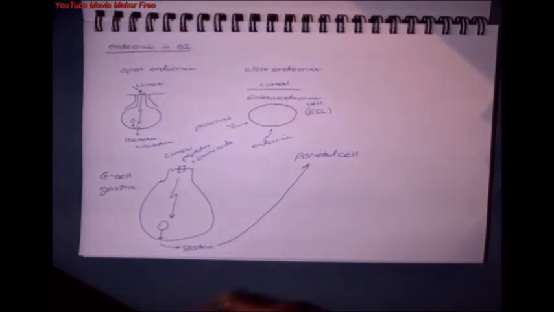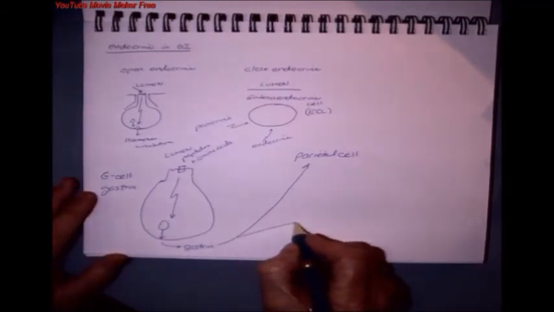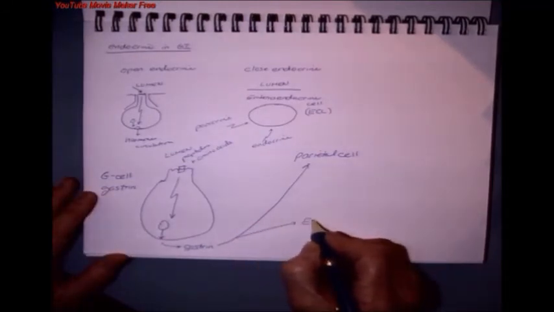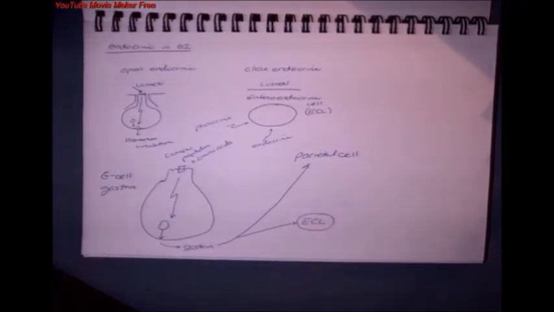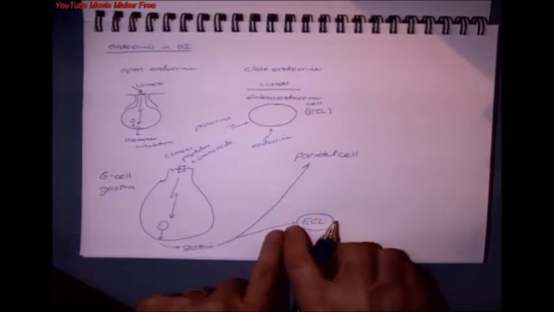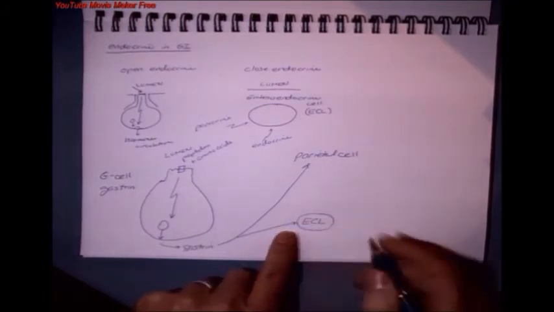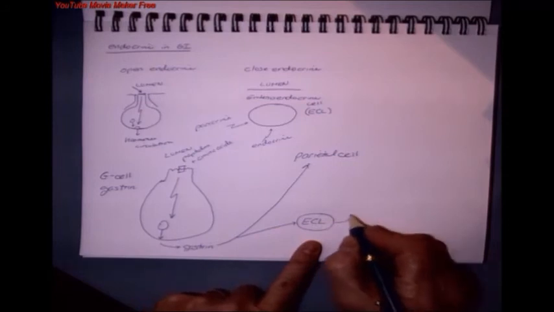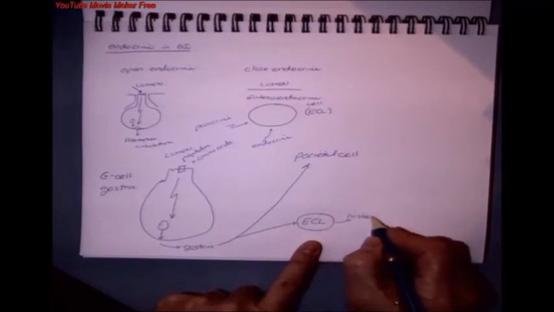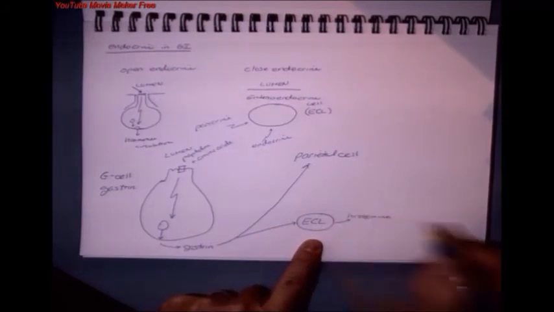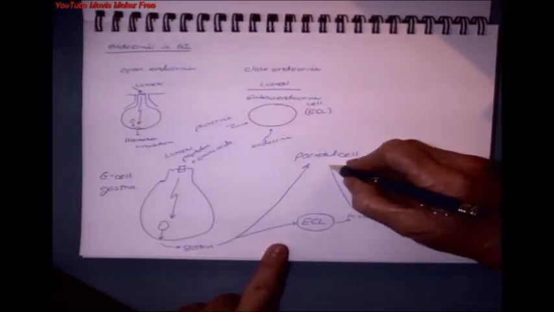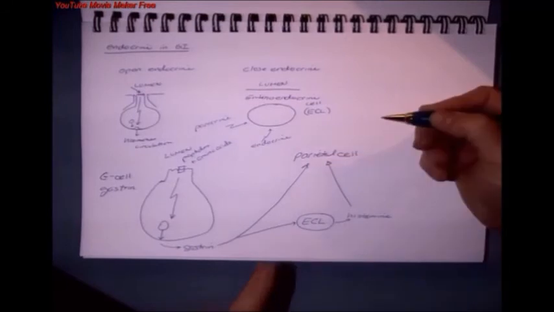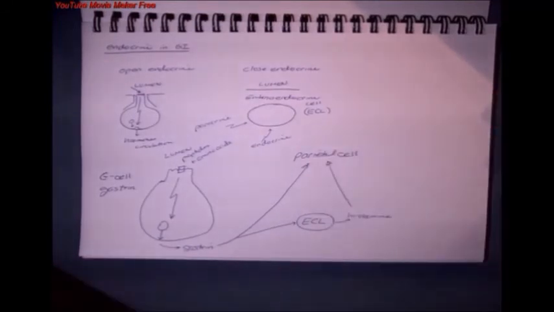It's also going to bind to an ECL cell. The ECL cell, once it receives the gastrin binding, is going to secrete histamine. And of course, then the histamine binds to the parietal cell.